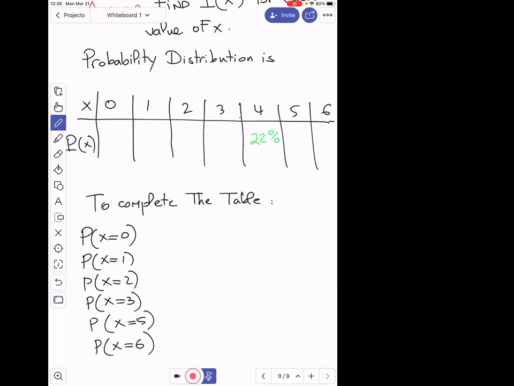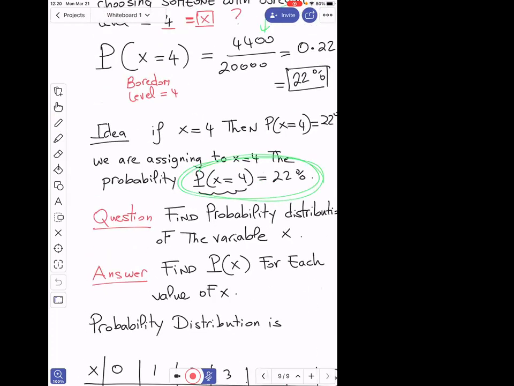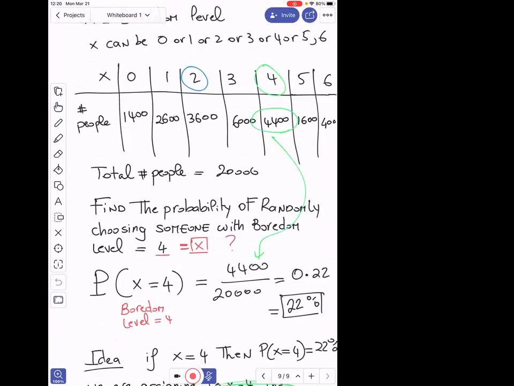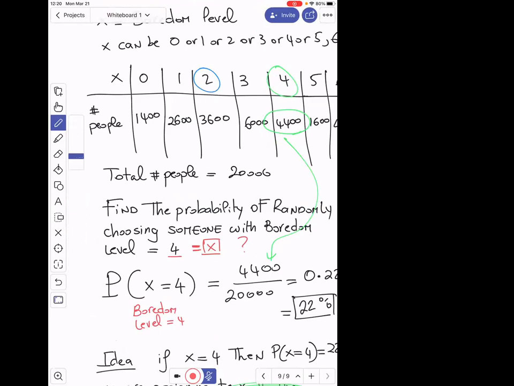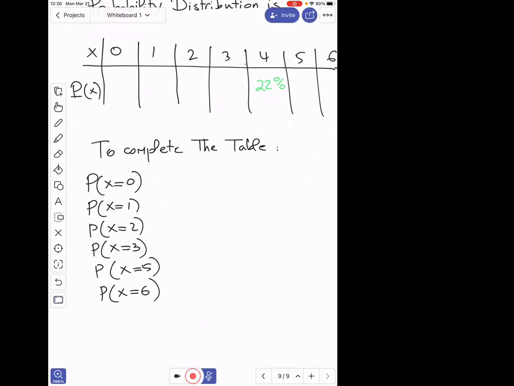For x equal to 0, the idea is just the same, right? You count how many people have boredom level equal to 0. Here it's 1,400 out of the 20,000, so 1,400 over 20,000.